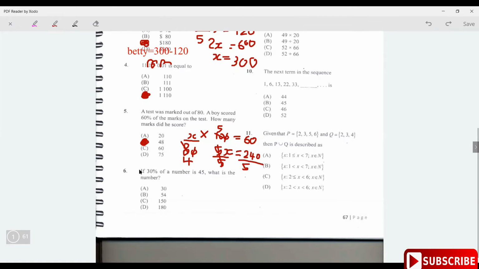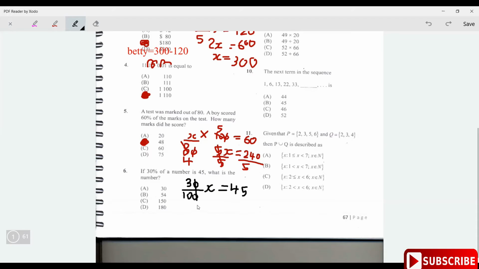Question 6. If 30% of a number is 45, what is the number? 30% of a number, 30% is 30 over 100. So 30 over 100 of a number x is equal to 45. We need to evaluate what x is. So this 0 cancels this 0.